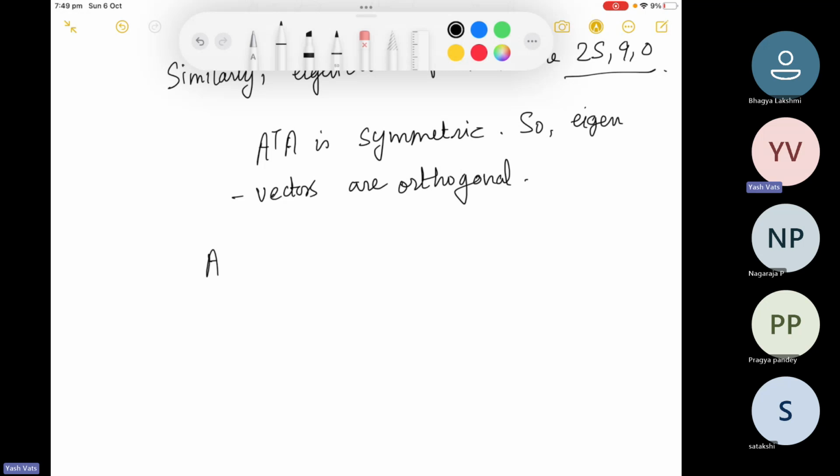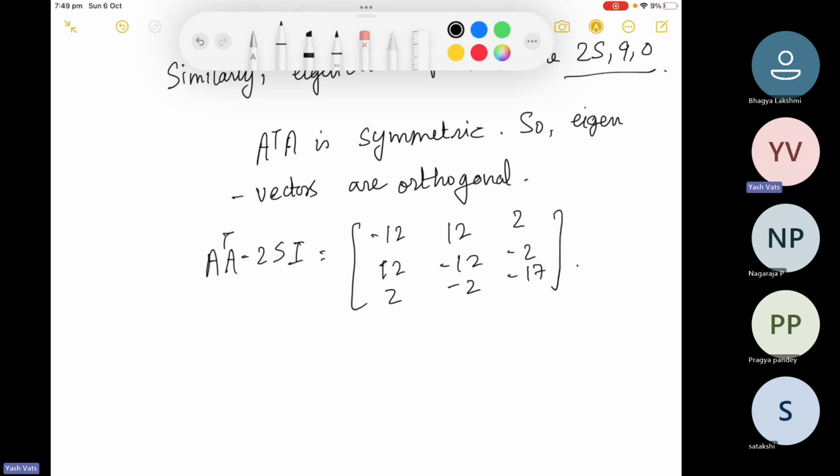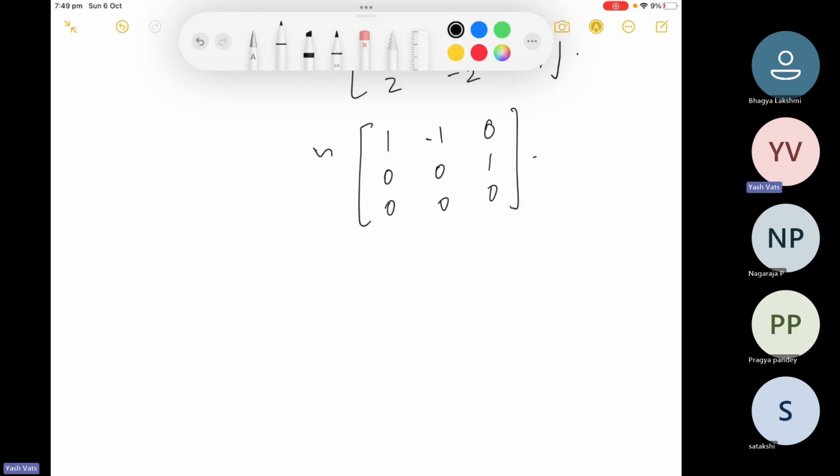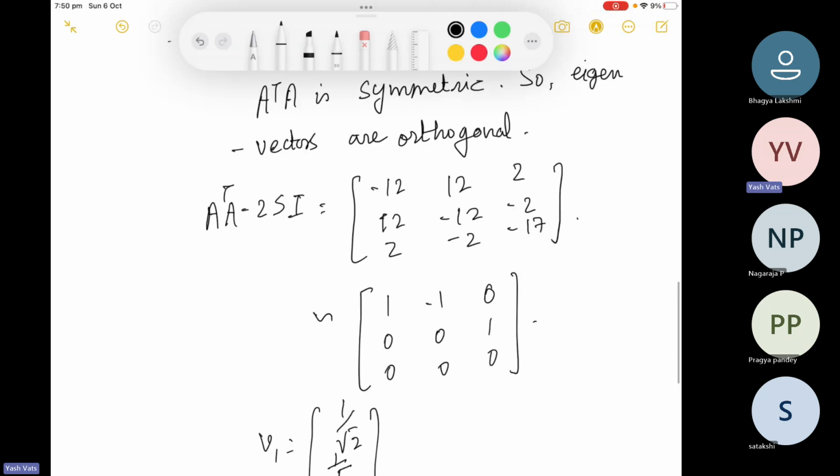So you have to solve A transpose A minus 25 I, because 25 is an eigenvalue. You will end up with something like this, which can be row reduced to this. So the unit vector in the direction of it, meaning the eigenvector, is basically this. How to find an eigenvector?